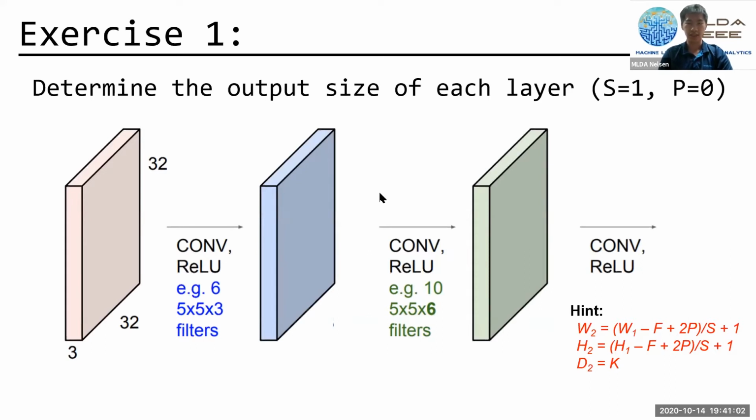So in the first image, the number of filters is 6. The second convolutional layer will be 10. We'll be ending the poll in 30 seconds.